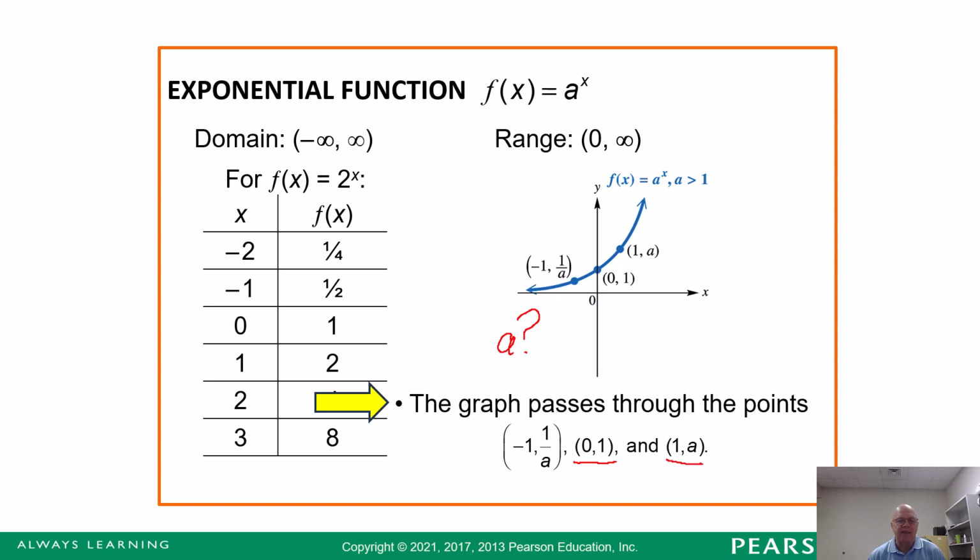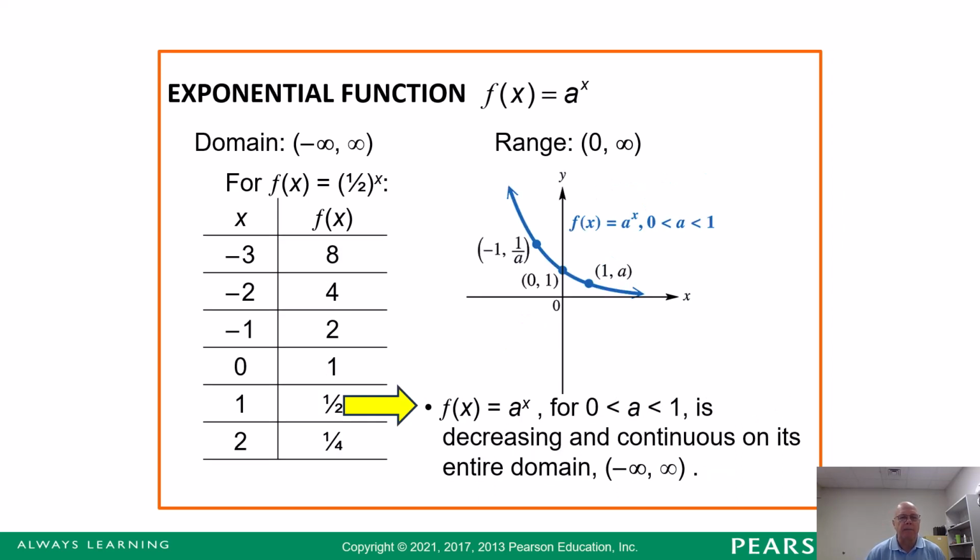So if this a is a 2, it goes through (1, 2). If a is a 7, it goes through (1, 7), and so on. And third point is always (-1, 1/a), the reciprocal of a. 3 points you can count on for any exponential function.